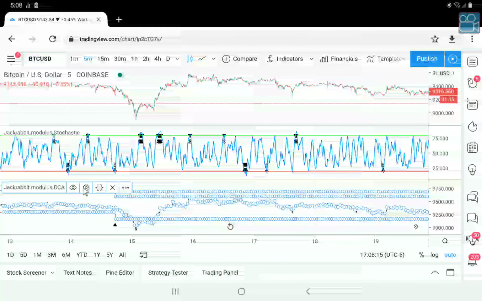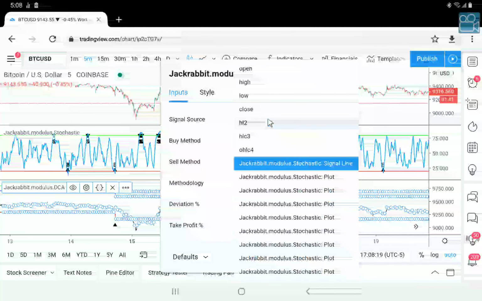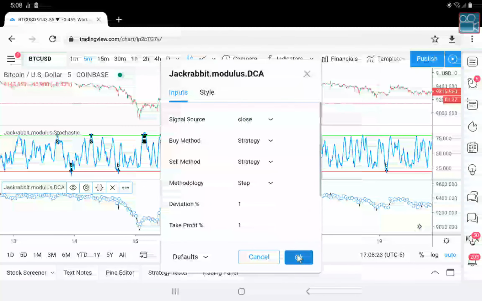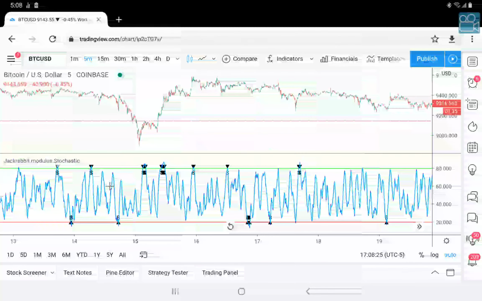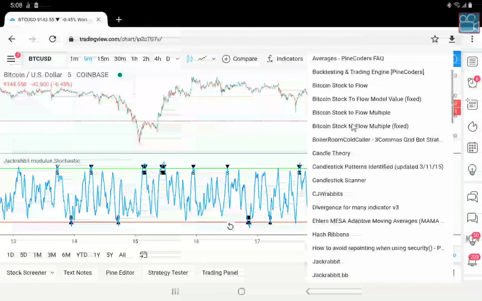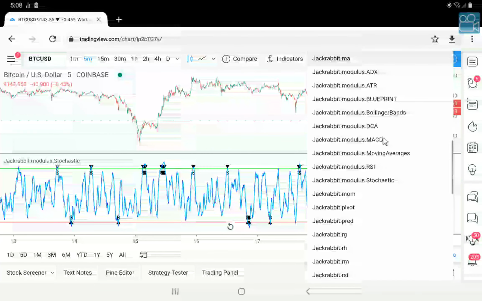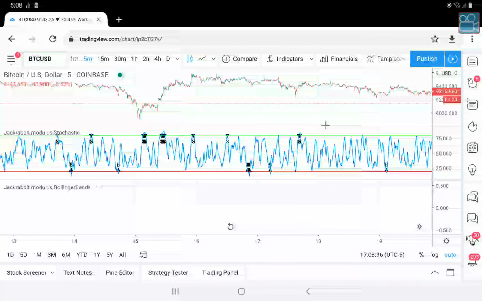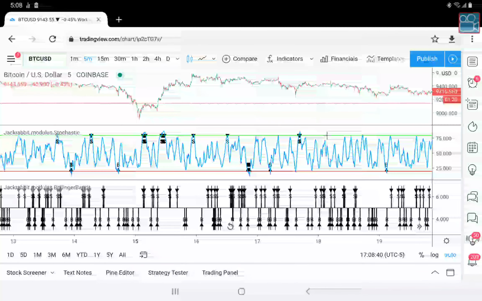For example, let's get rid of this. Well, let's unlink it first. Okay, now let's bring in a Bollinger's. Again, I'm not going to do anything special, just straight default, turn on the indicator on indicator.